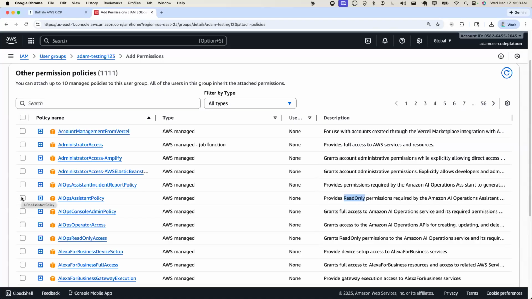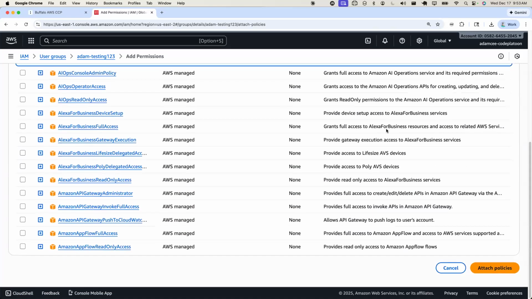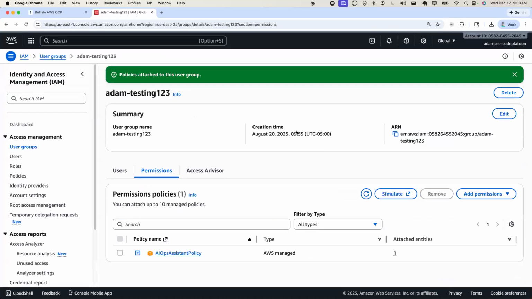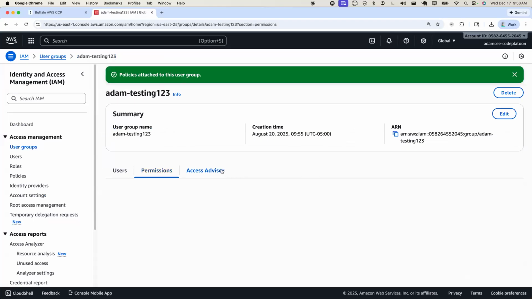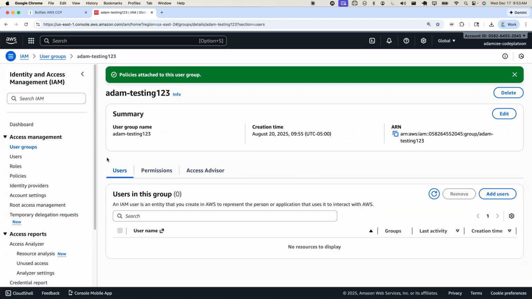So if I want a bunch of users to have read-only access to whatever AI Ops is, I would attach this policy to this group. It's incredibly granular and not simple at all, but extremely powerful. And they have advisors and other things as well.